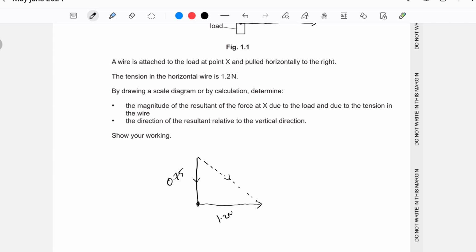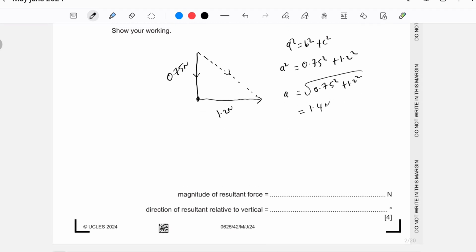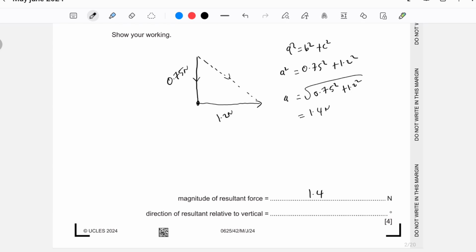So by calculation, I'll be finding the resultant force. So removing the square root, it's 1.4 newtons, and they're asking the direction relative to the vertical.